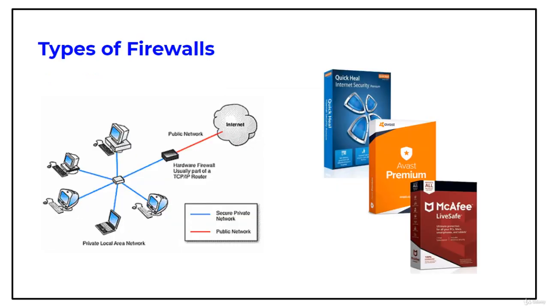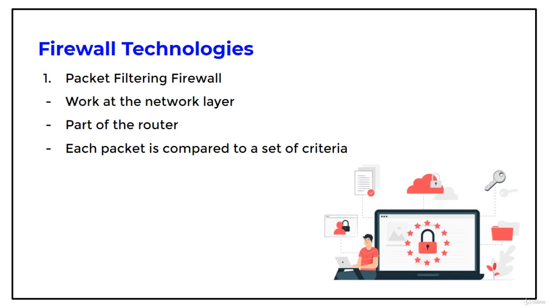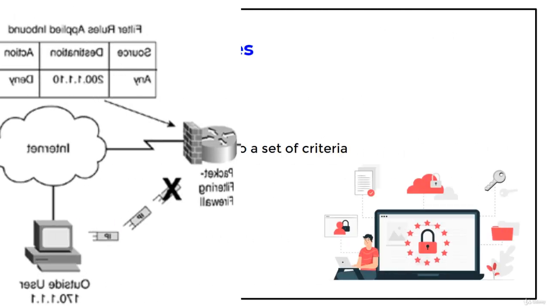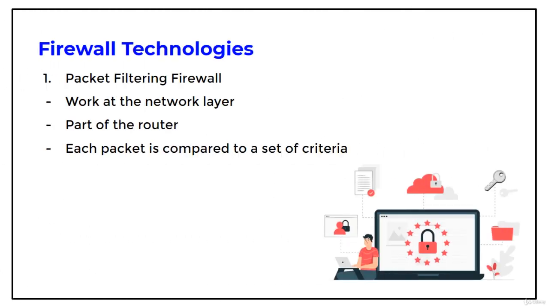Now, the firewall technologies. First is the packet filtering firewall. A packet filtering firewall is used to control network access by monitoring outgoing and incoming packets and allowing them to pass or stop based on the source and destination IP addresses, protocols, and ports. It analyzes traffic at the network layer.